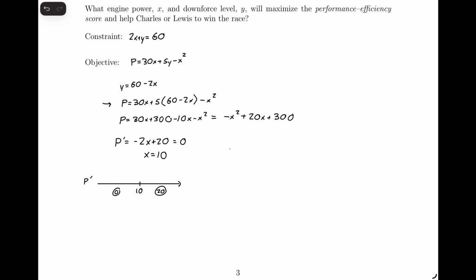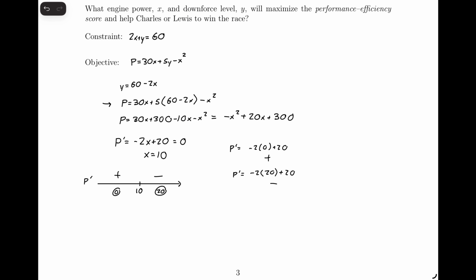Plugging 0 into P prime, we just get 20, which is positive. And then P prime for 20 is negative 2 times 20 plus 20, and that's going to be equal to negative 20, which is a negative number.